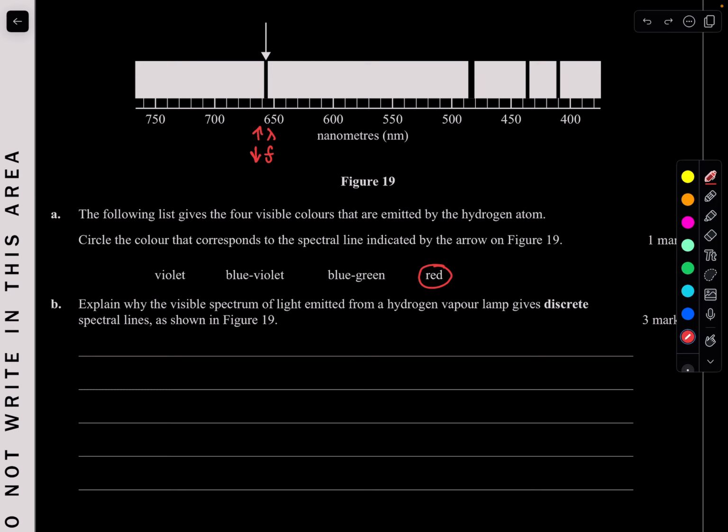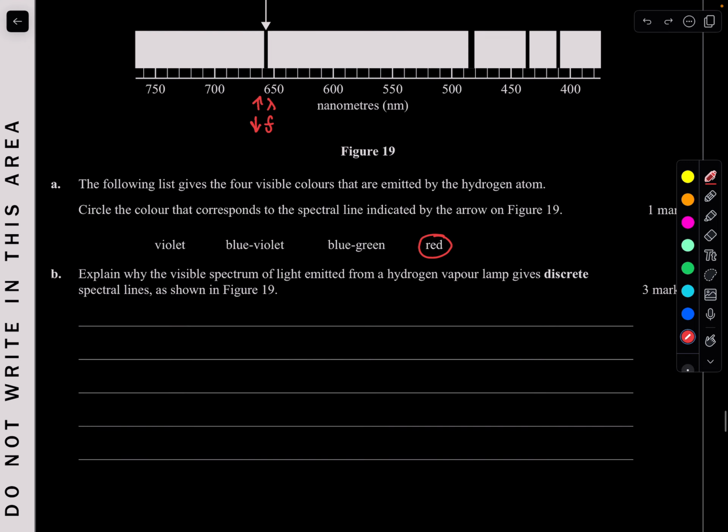Electrons emit photons when they transition from high to low energy levels. So they emit photons that have a discrete amount of energy. Now, the energy of a photon is given by hc over wavelength.